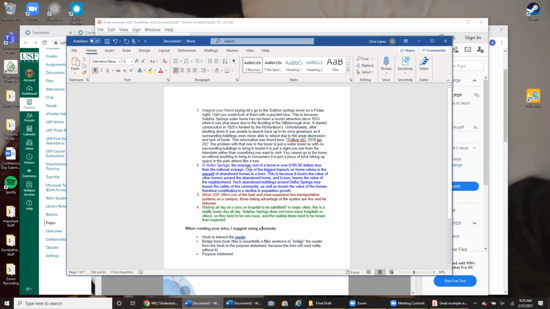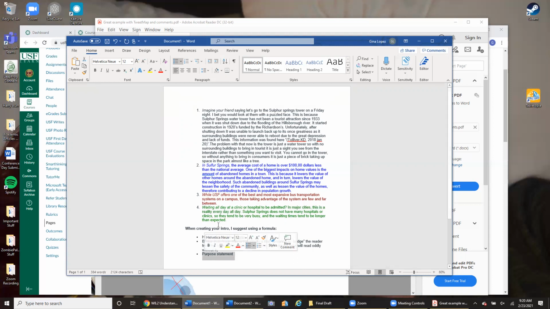And then the second sentence bridges that hook, that little interesting tidbit, to the relevance of what the research summary is going to be about. It's not a purpose statement, but it's, here's the reason my hook, that interesting part, relates to my topic. I'm bridging it so it makes more sense why I use that hook.